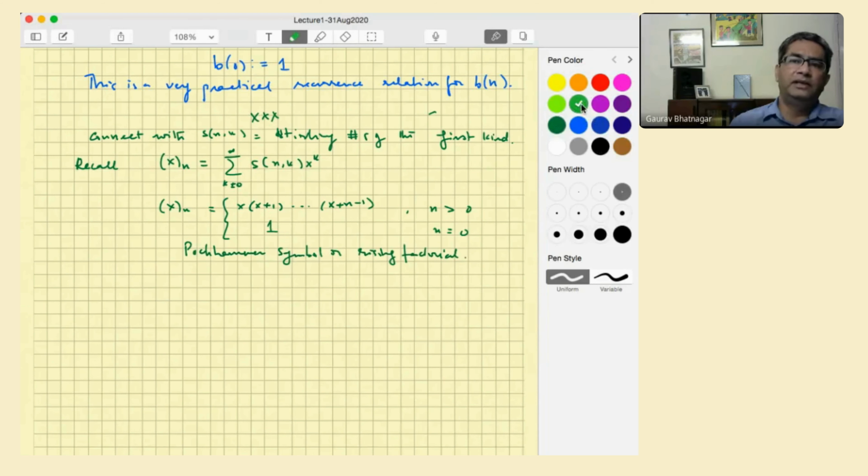So I should mention that Knuth, Graham, and Patashnik use something like this, x to the n with a bracket, for rising factorials. And they use something like this for falling factorials.